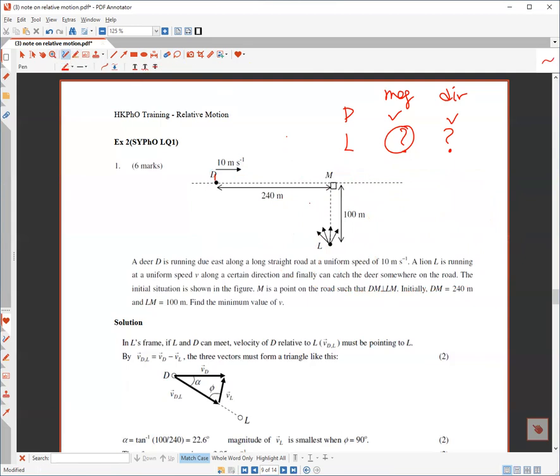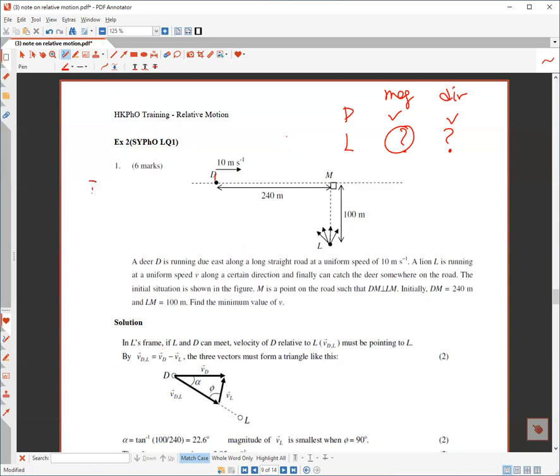So now in this case, this is the motion of two objects. And if we use relative motion, then we can simplify the question by just considering the motion of one object only. So let's say, maybe let me use another frame.